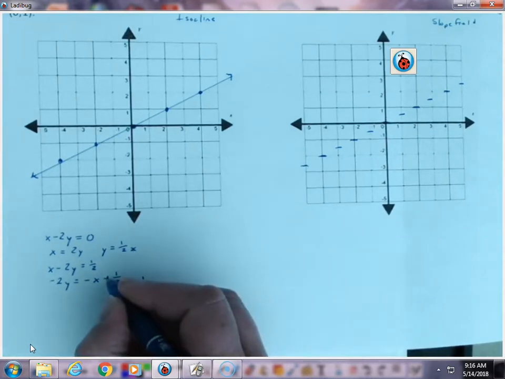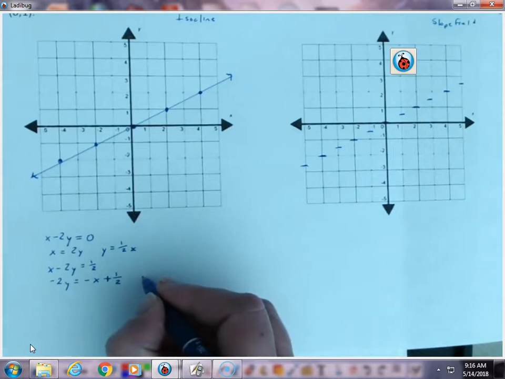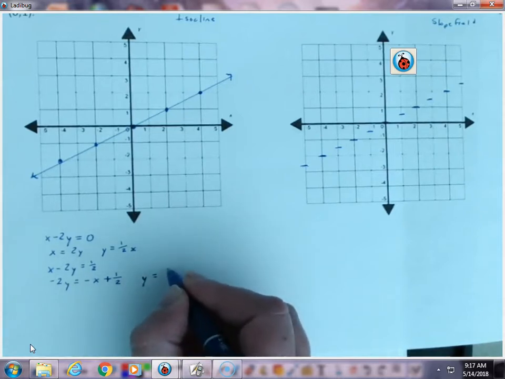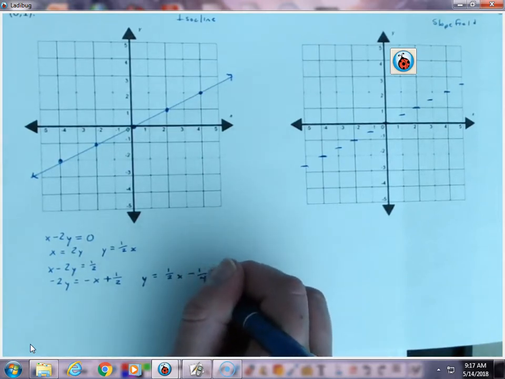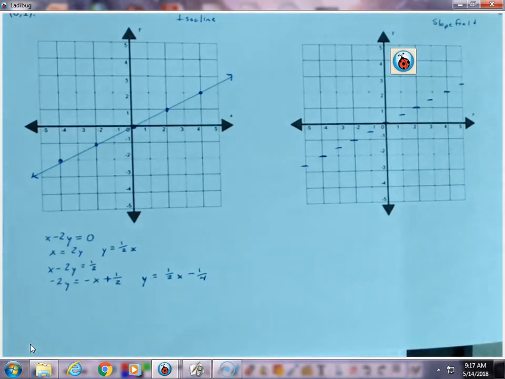Yes, thank you. Shame on me. Okay, so then we'd have positive 1/2 x minus 1/4. Did I get all my signs right this time?